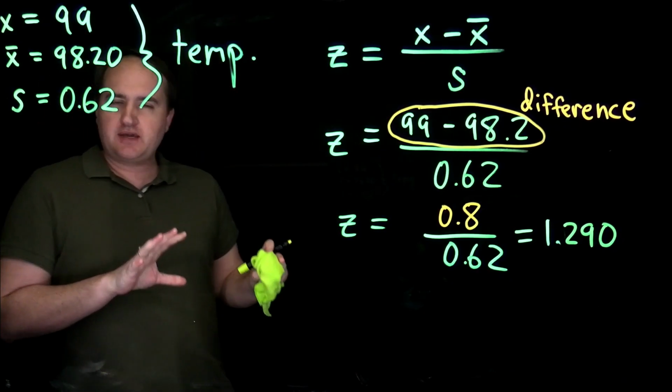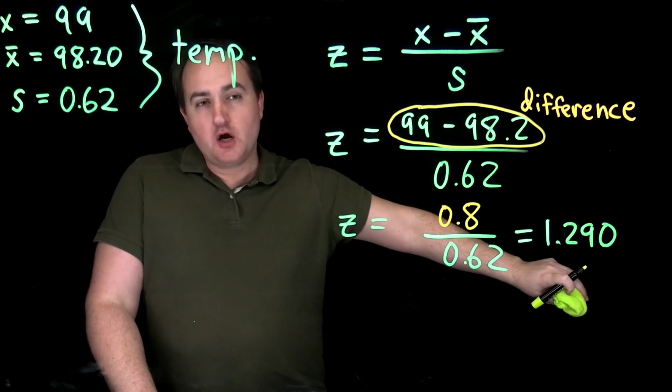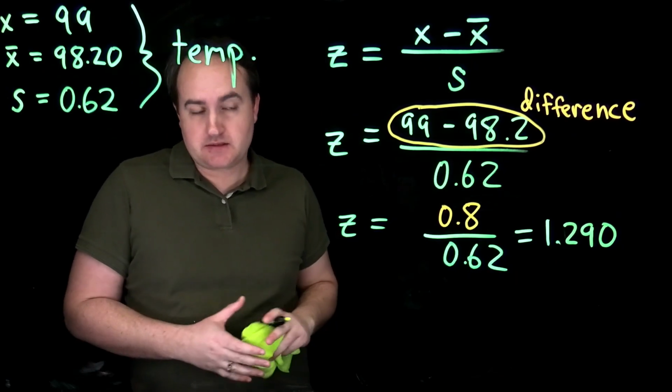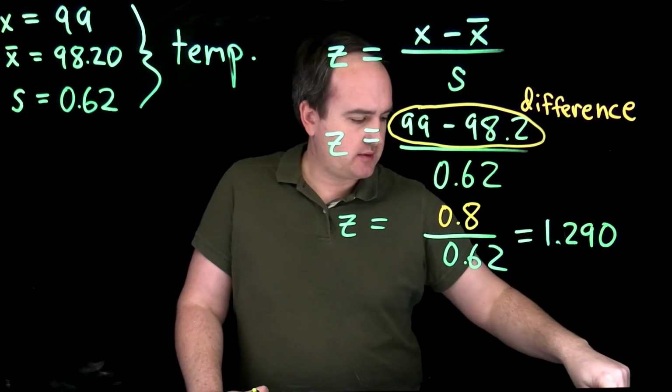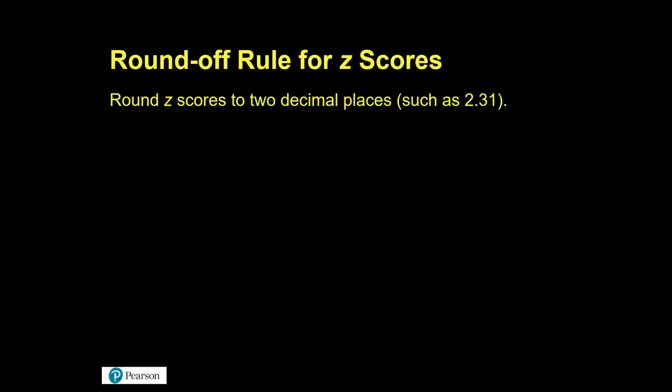Now, when you are calculating z-scores, once you get to the last step you want to round to 2 decimal places. Let me go back to the slides really quickly to see this page. The round-off rule for z-scores, which is what we just calculated, is to round z-scores to 2 decimal places, such as 2.31.